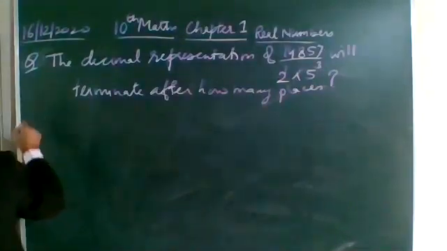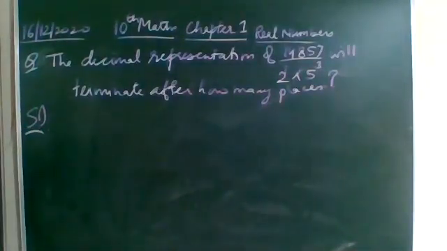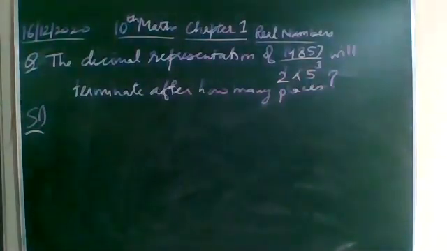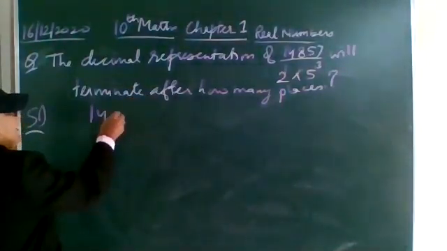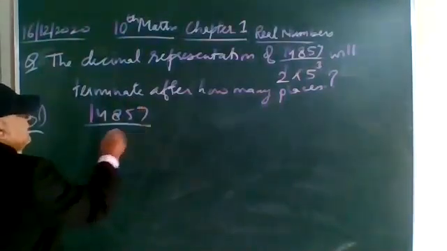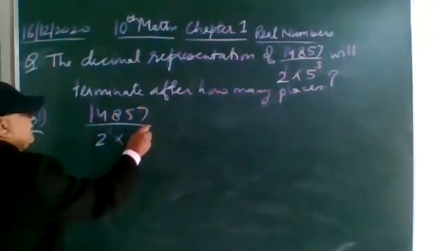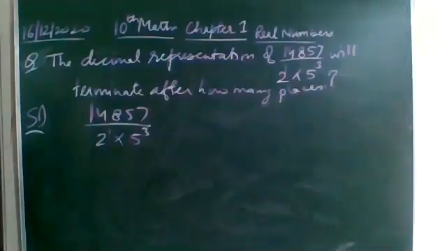I have explained the concept of this in the last class. The fraction given to you is 14857 upon 2 to the power 1 into 5 to the power 3.